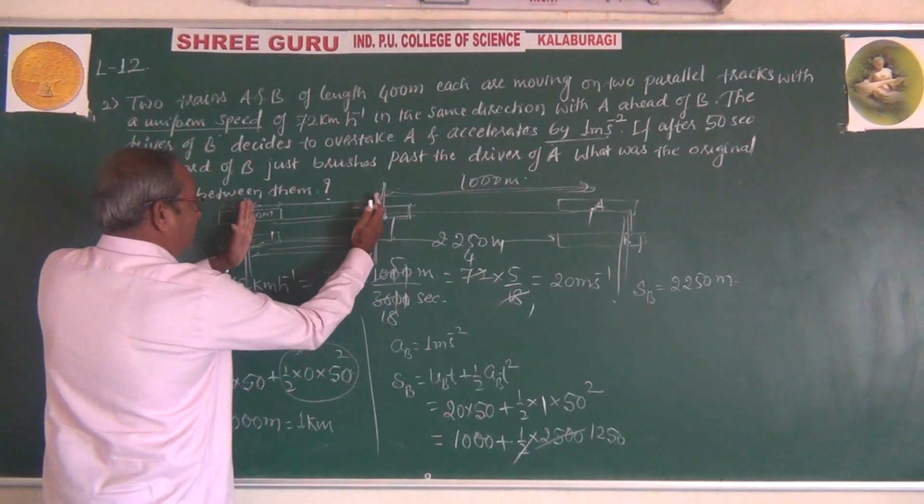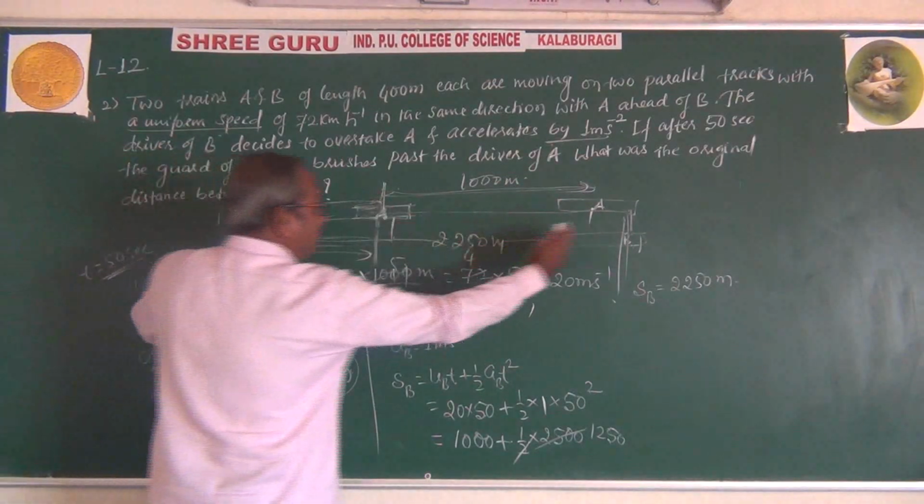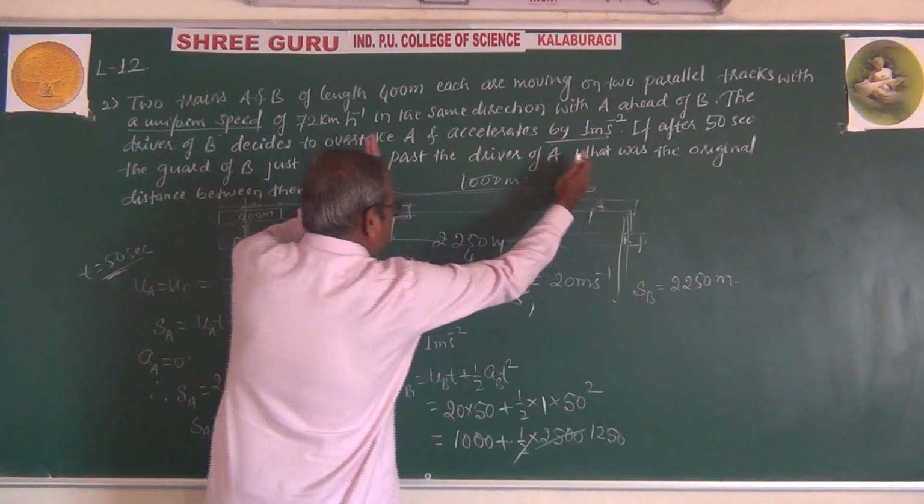Now the initial separation is equal to this total distance minus this 1000.